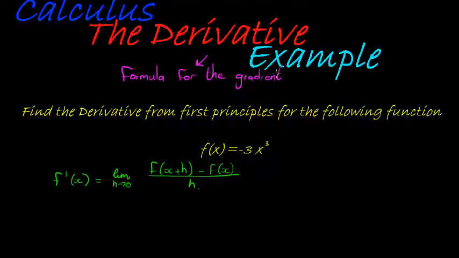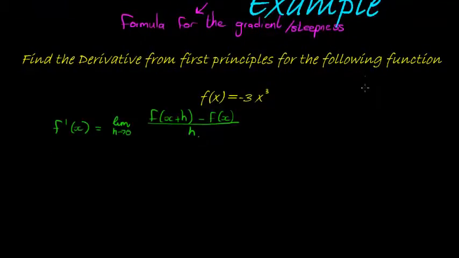Gradient, remember, is the steepness. Well, loosely defined, it's steepness. So if I draw this graph, which would look something like this, then at different points on here we will have different gradients.